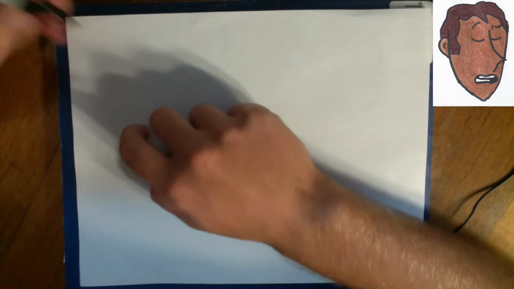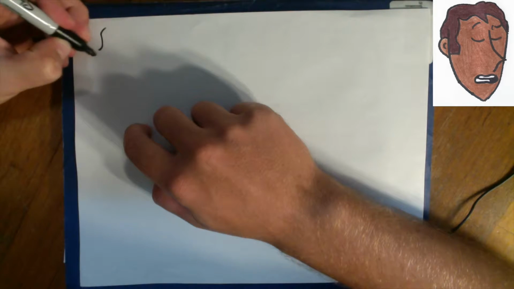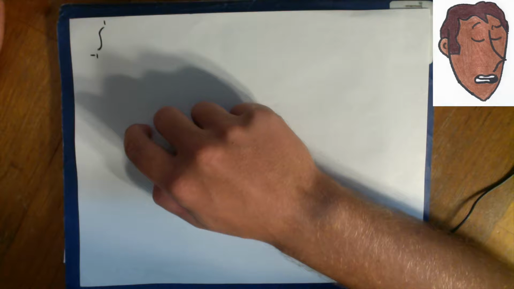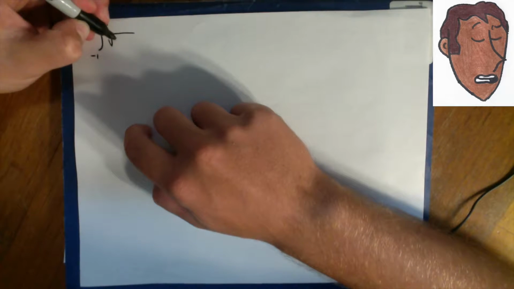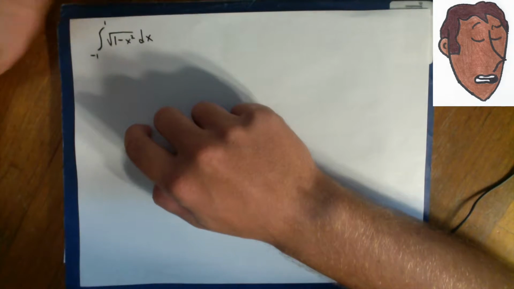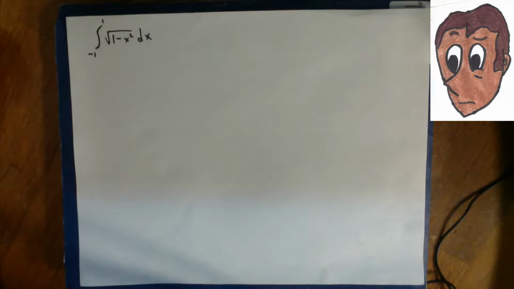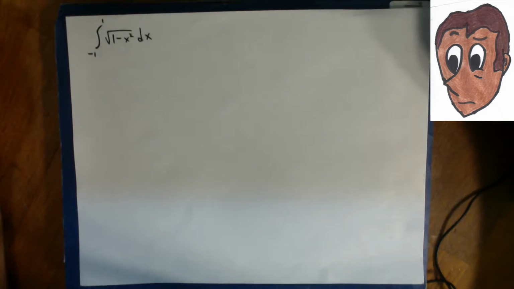Here we have a definite integral from -1 to +1 of the square root of 1 minus x squared dx. This is a difficult integral. I don't know what the integral of that term is.